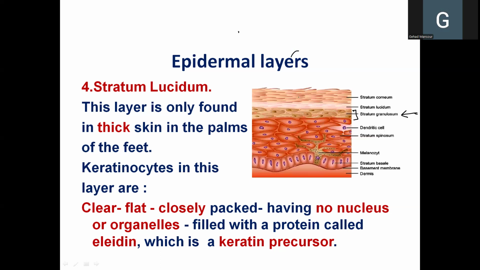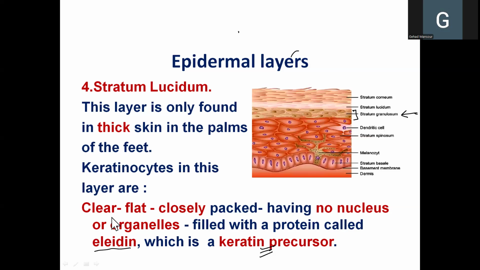And they are filled with a protein called eleidin, and eleidin is a keratin precursor, as if the cells still need keratin to be produced.